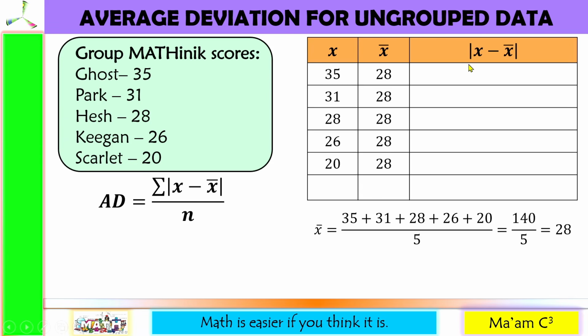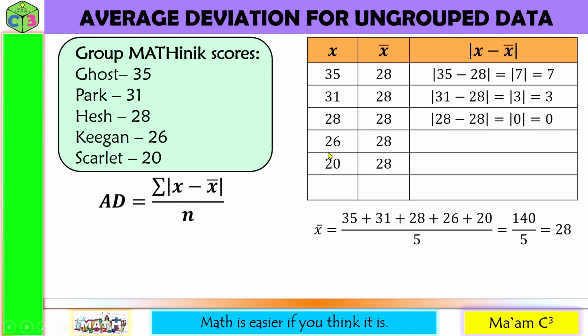Now for the absolute value of x minus x bar. The absolute value of 35 minus 28 is the absolute value of 7, and that is equal to 7. Next one, the absolute value of 31 minus 28 is the absolute value of 3, which is 3. Next one, the absolute value of 28 minus 28 is the absolute value of 0, of course, 0.